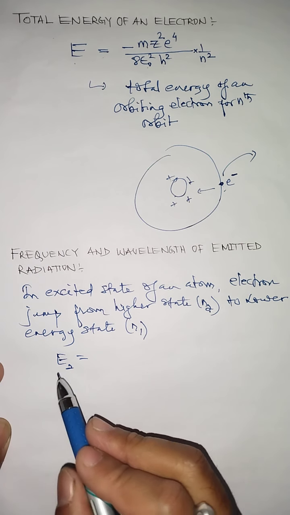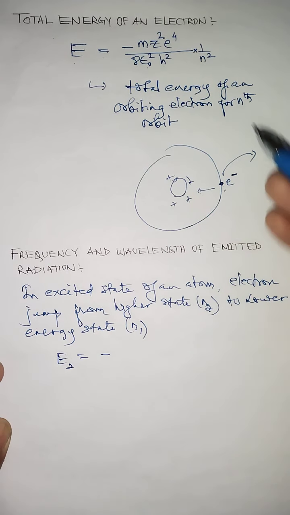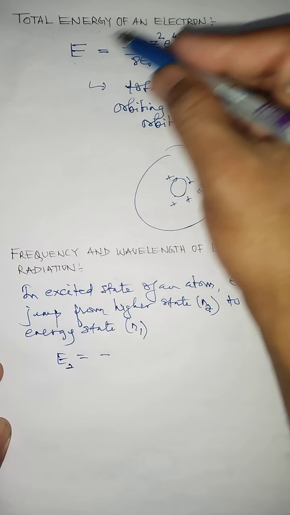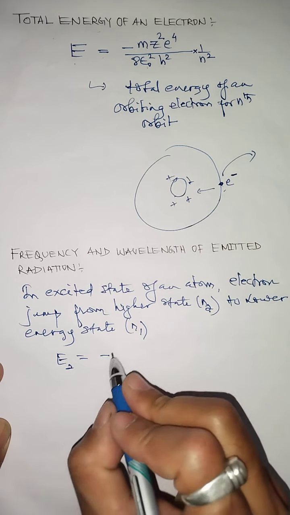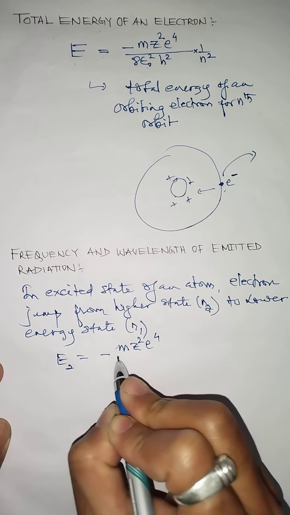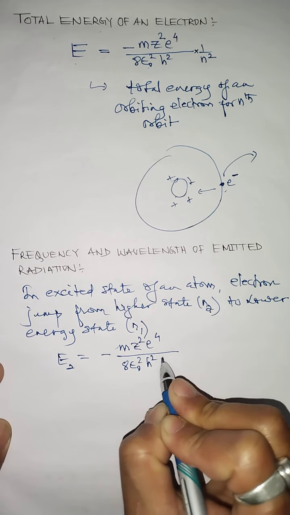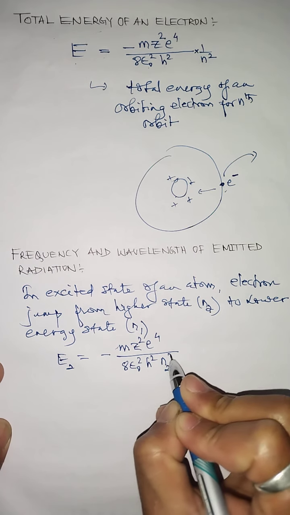So energy acquired by the electron in the higher state is given by E2 equals minus m Z square e to the power 4 by 8 epsilon naught square h square, and instead of n I write n2 square.